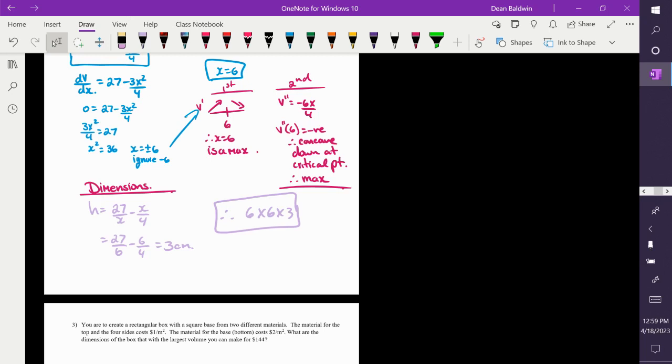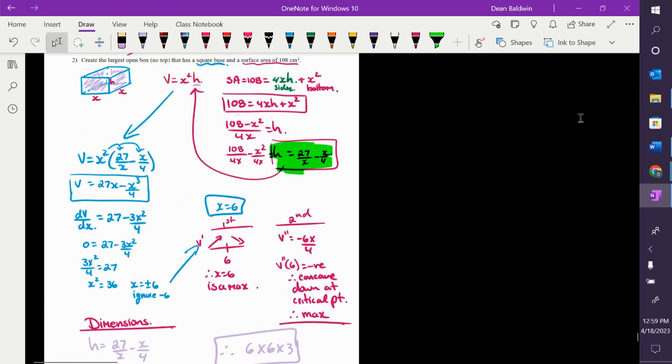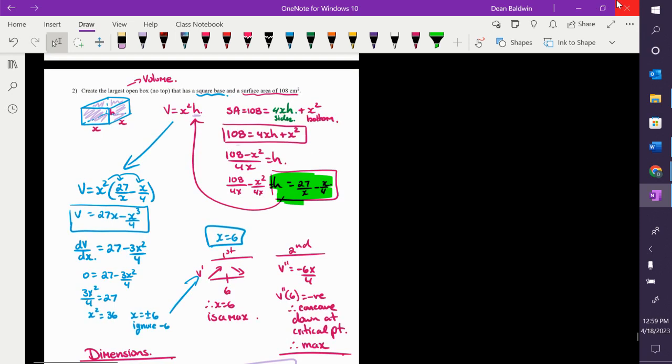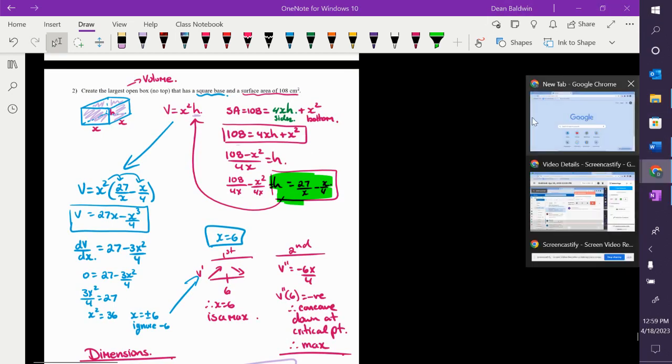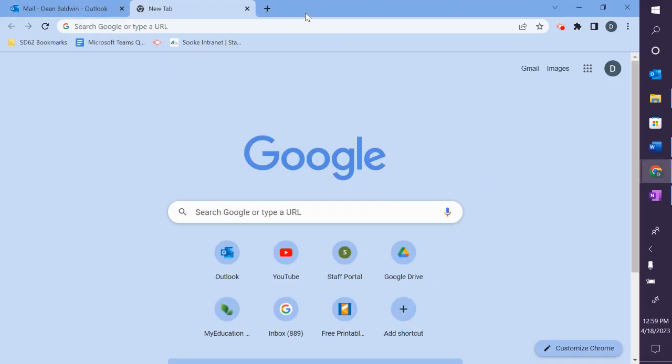And if you look at the graph, let's put this into Desmos. What is the formula? 27x minus x cubed over 4.